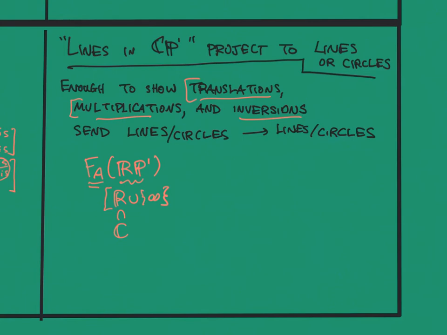There's not too much to check there, so I'll leave that to you. You do have something to check with inversions, so this is part of an exercise. So exercise, this will be in the homework: show inversion maps lines to lines or circles.